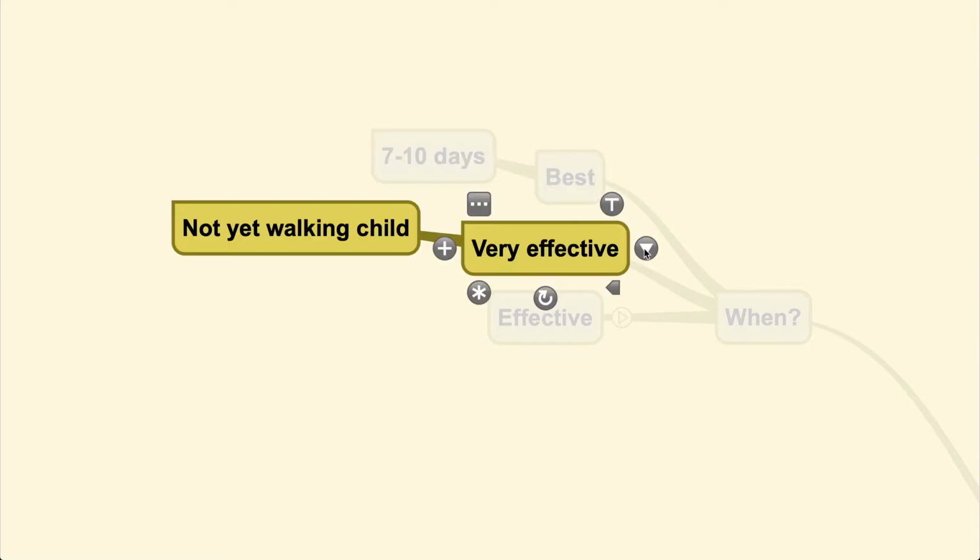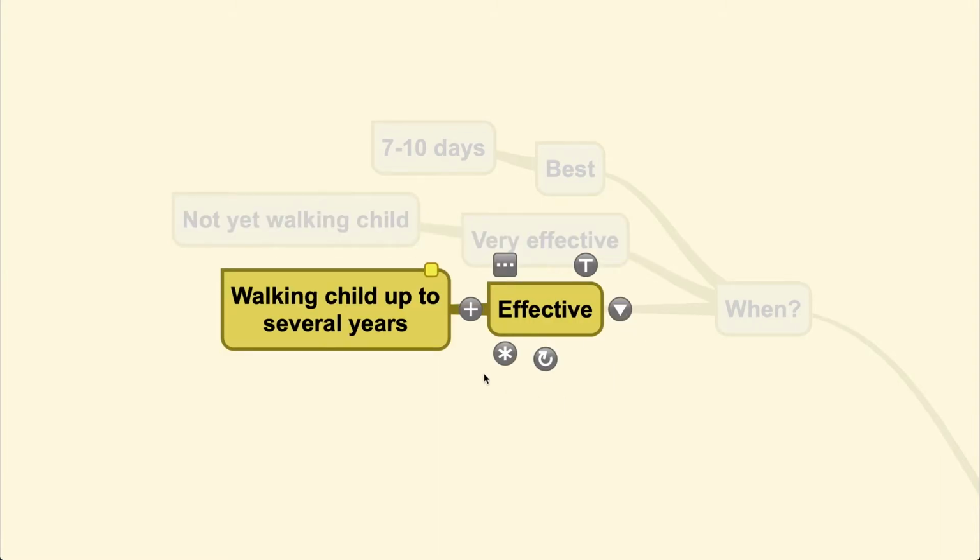The next question is, when is it effective? Manipulation and casting is very effective if the child is not yet walking, and it is still effective if the child has just started walking and up to several years. You need to remember that operative surgery is usually done when non-operative treatment has failed.